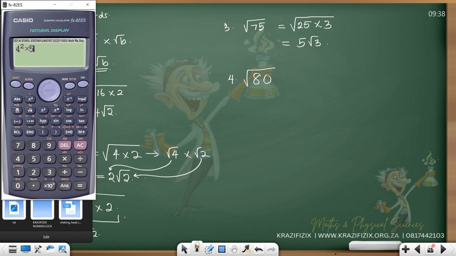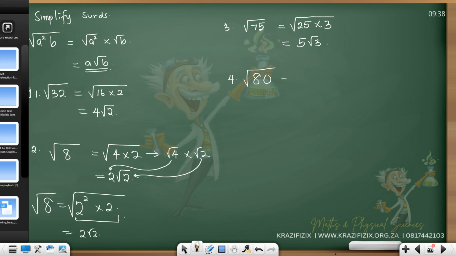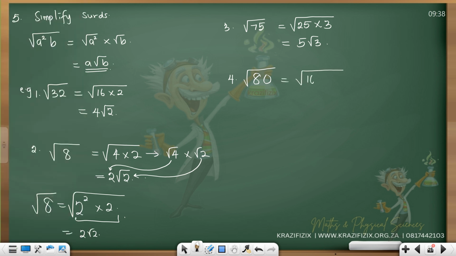Or you get 2 to the power something. But I know 80 can be written as 16, square root of 16, 4. Are we okay there, everybody?